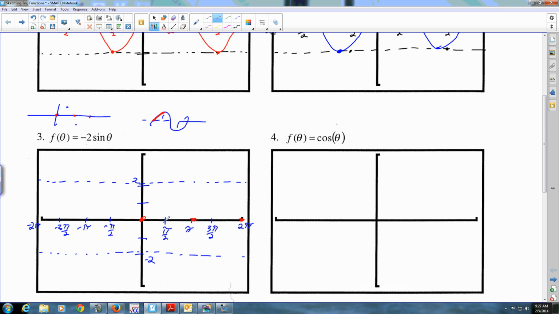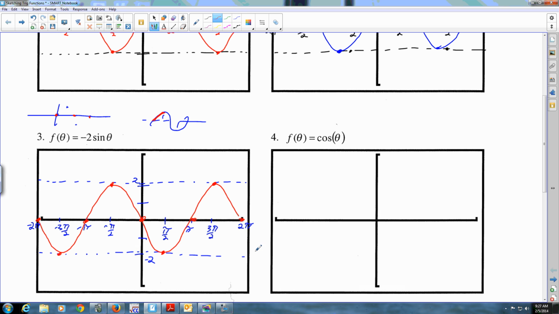So this halfway in between point, you're going to be all the way at the bottom. Back to 0, halfway in between, you're going to be all the way up. You're going to start here, go down, back to center, up, and there's your graph. So with sine, when A is negative, you start going down rather than going up. Okay, so there's your graph.